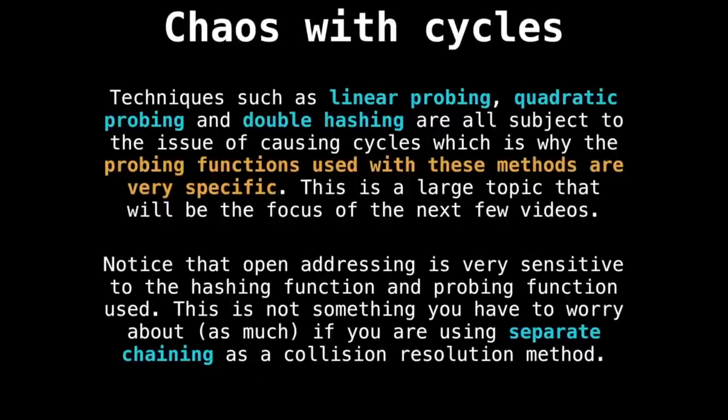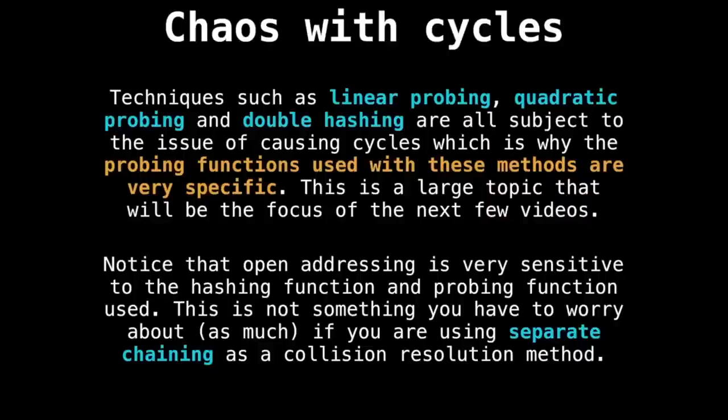Alright, so just to recap, techniques such as linear probing and quadratic probing and double hashing are all subject to this issue of the cycles. What we need to do is find very specific probing functions that produce a cycle of length n, to avoid not being able to insert an element and being stuck in an infinite loop.